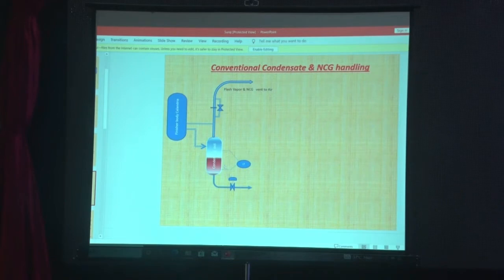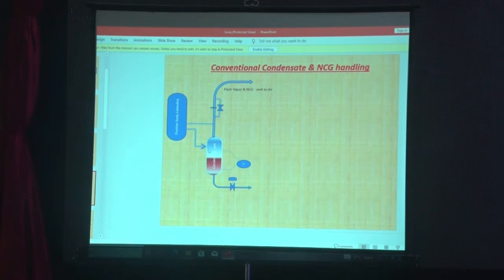You can control the level of this pot, and usually the line of the condensate is connected at the 100% position of the impulse line. If the control system LT has 2 points, 0 and 100, you will see the line is connected at the 100% level. So how is it providing sealing?